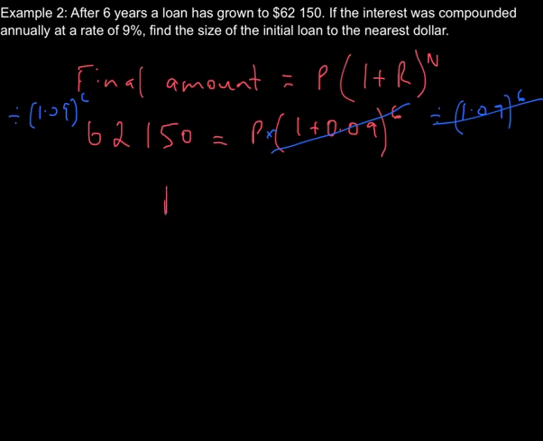And we get that P equals $37,058, to the nearest dollar. So the original investment was $37,058.